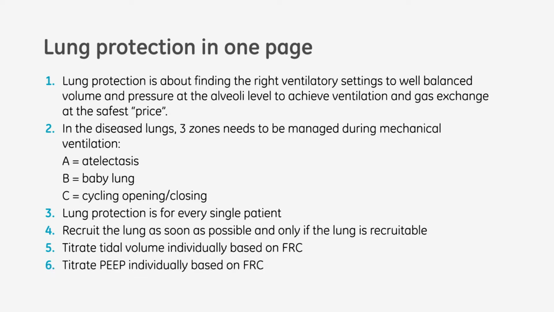For the most part, these three cornerstones are crucial to the process: early recruitment of atelectatic lung regions, individual titration of the applied tidal volume, based on the measurement of functional residual capacity, for example, the so-called baby lung, and finally, individual titration of the PEEP level based on a bedside measurement procedure.